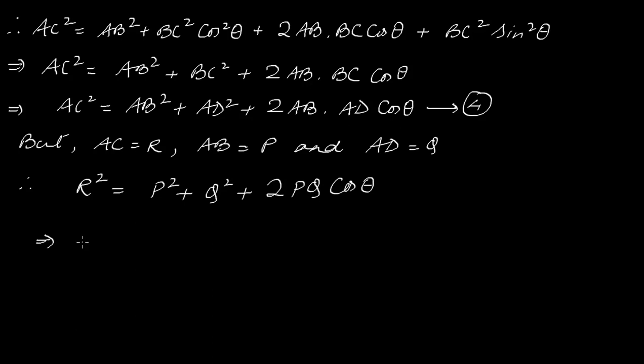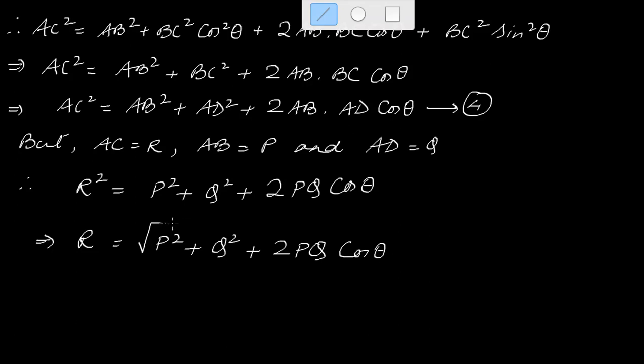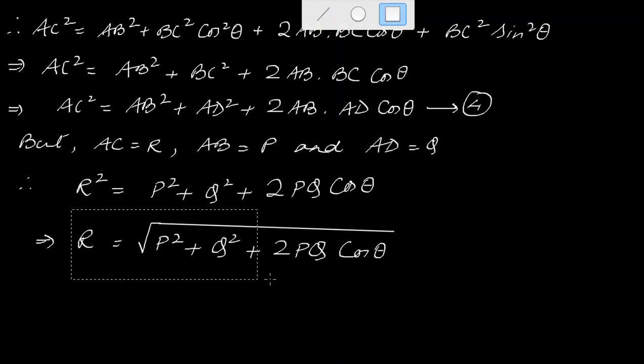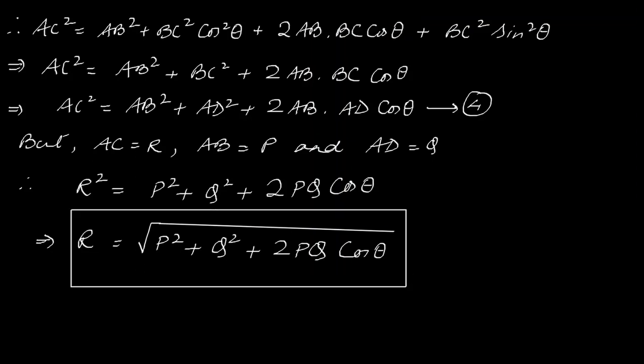So R is equal to the square root of P square plus Q square plus 2PQ cos theta. This is the magnitude of the resultant vector, which is exactly the same as in the case of triangle law of addition.